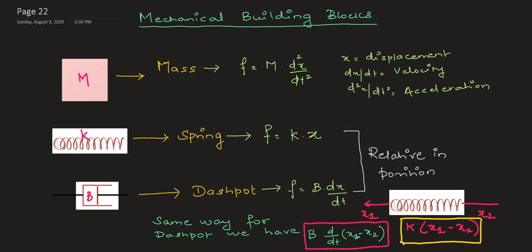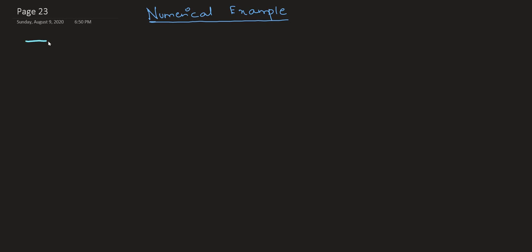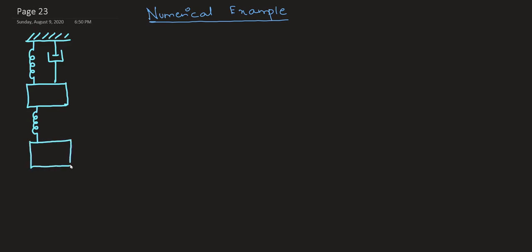In that case we need to take the relative displacement, which means I have k into x1 minus x2, and b into d by dt of x1 minus x2. So we are going to see more on this relative positioning in this numerical example.